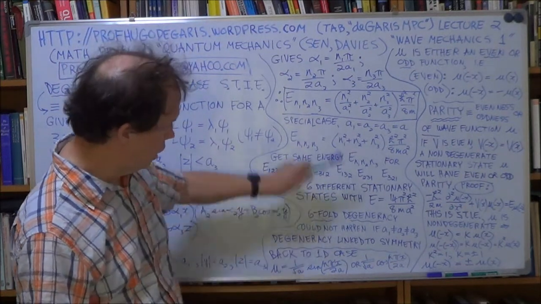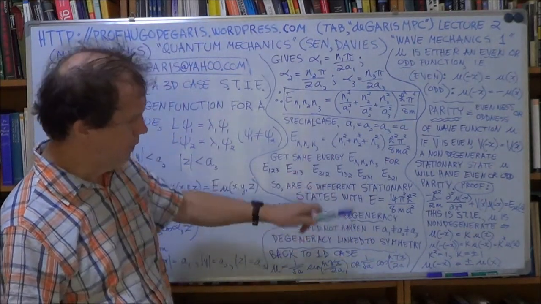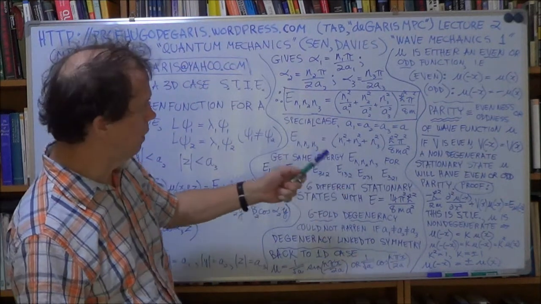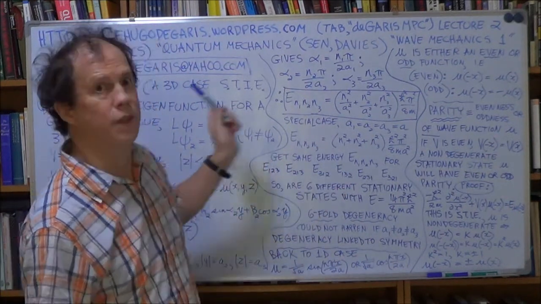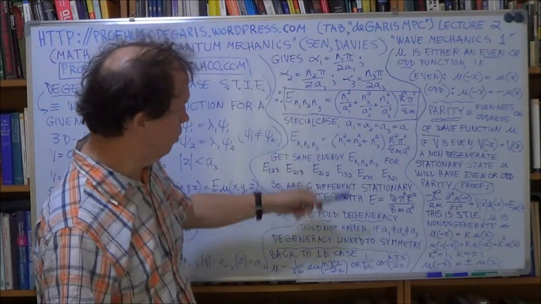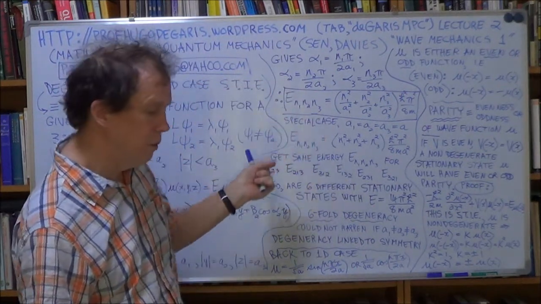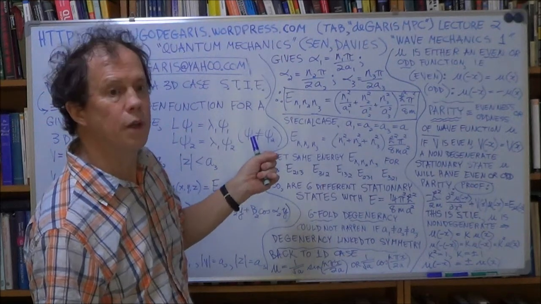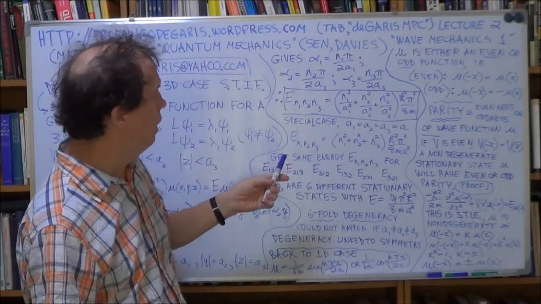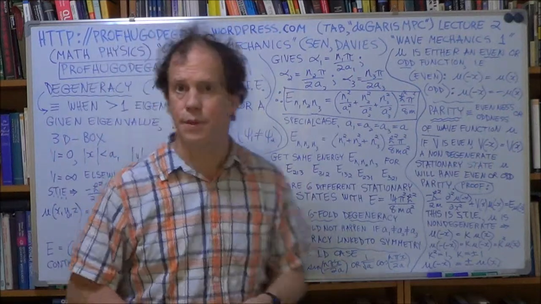Okay, so now changing the topic a little bit, this particular session does several things. One is it gives a second solution to a STI, Schrödinger time-independent equation, and it introduces 2 concepts.